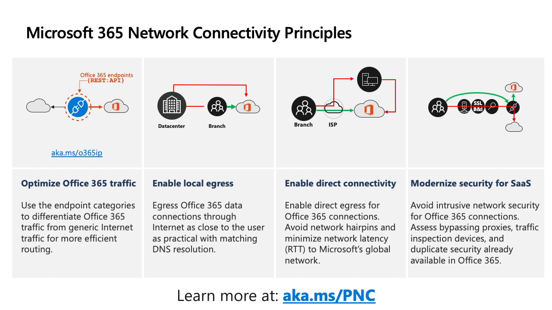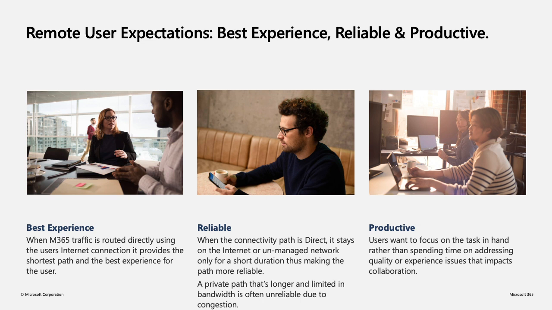You should be able to provision direct connectivity, which means you shouldn't be hairpinning the traffic. And you should be able to leverage the security services that are built within Microsoft 365 to enforce your security policies for remote users. So the Microsoft 365 network connectivity principles are the pivot for remote user connectivity guidance as well.